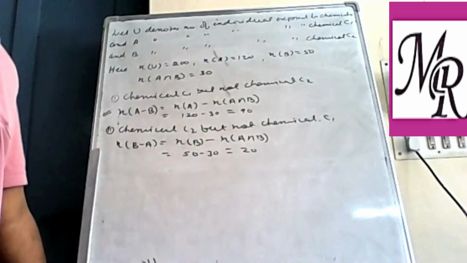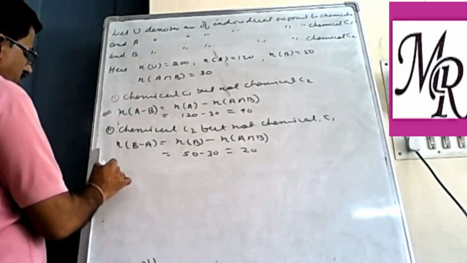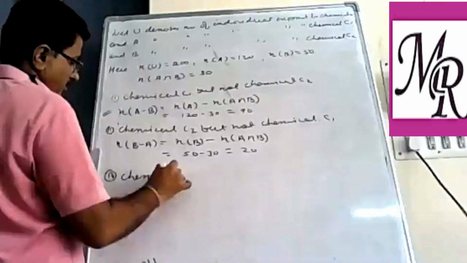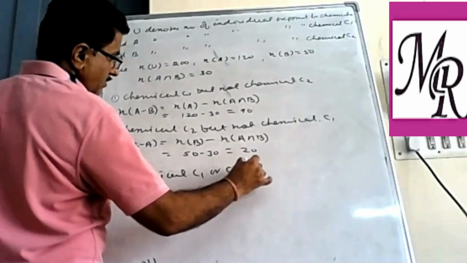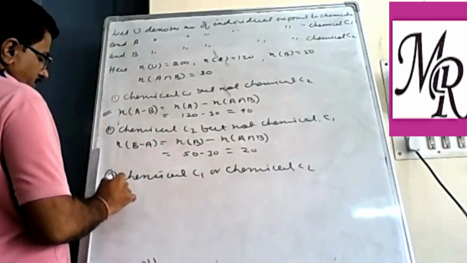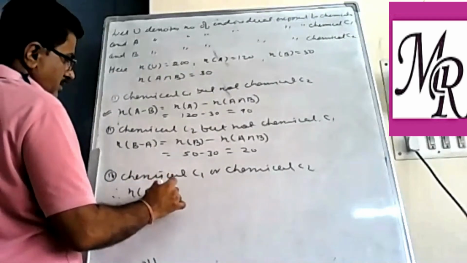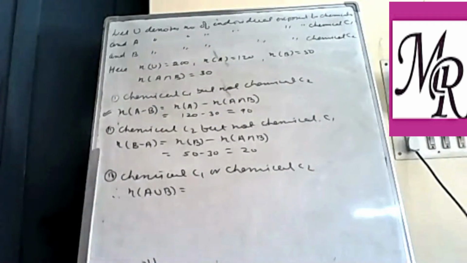Now third part what says chemical C1 or chemical C2, or with union you have to find. Chemical C1 or chemical C2. It means you have to find number of element in A union B. So that formula is given.